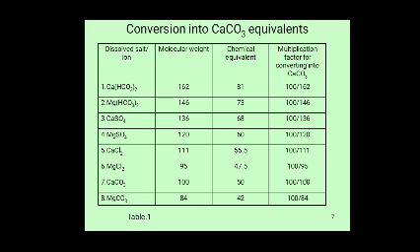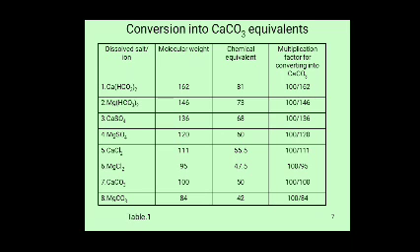Calcium bicarbonate, molecular weight 162, chemical equivalent weight 162 by 2, 81, therefore 100 by 162. Magnesium bicarbonate 146 molecular weight, equivalent weight 73, 100 by 146. Calcium sulfate molecular weight 136, equivalent weight 68, 100 by 136.